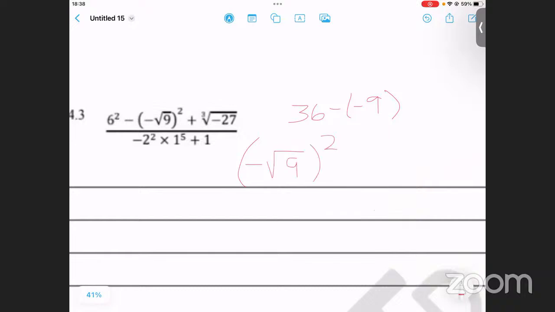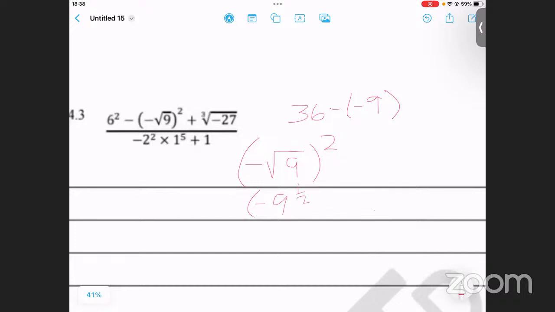So you have to make sure that you simplify this expression, minus square root of 9 to the power of 2. We're going to open the bracket because we want to get rid of the square root. You get rid of the square root with a power of half. So it's minus 9 to the power of 1 over 2.